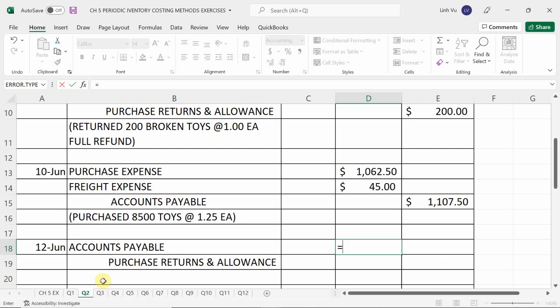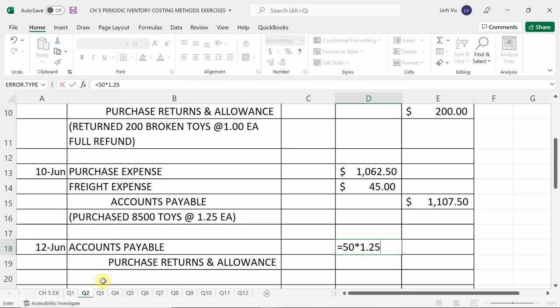Okay, let's establish, how much did it cost me per toy? 1.25. Is it 50 times 1.25? Correct. 50 times 1.25 because in this case, I need to figure out how much the total amount was for that purchase that I made.